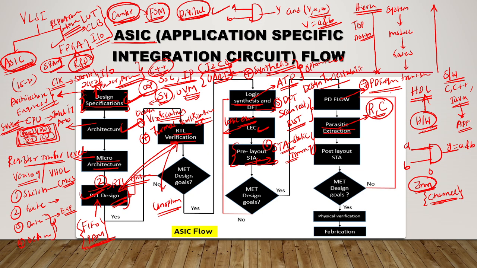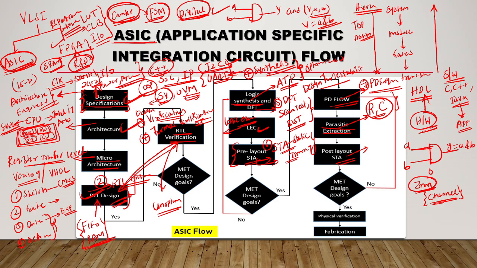So you need to evaluate how much resistance and capacitance will be there inside the metal wires. All those things you need to see in the parasitic extractions. And post layout STA. So STA will be pre-layout STA and post layout STA. After the PD flow, again you have post layout STA. If the design is met, it will go to the next step. If the design is not met, again it will go to the PD flow.